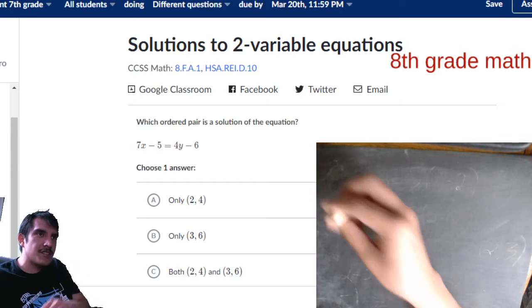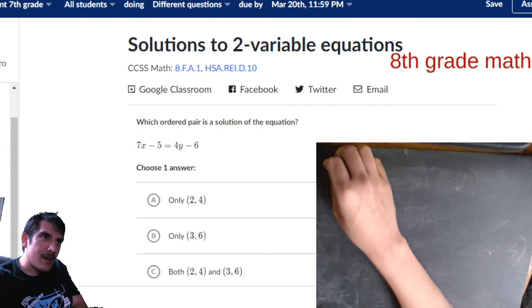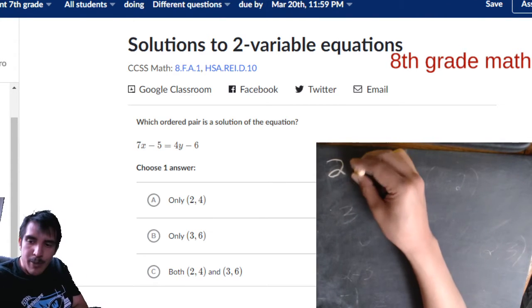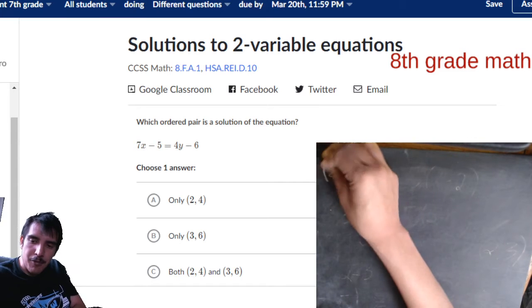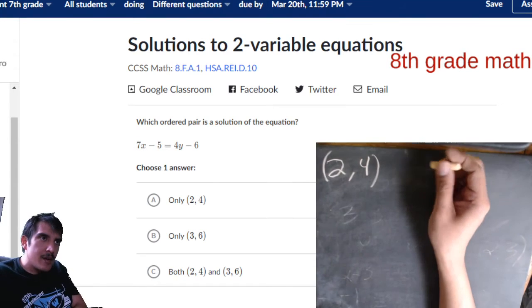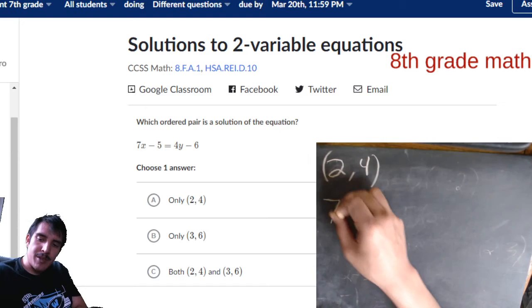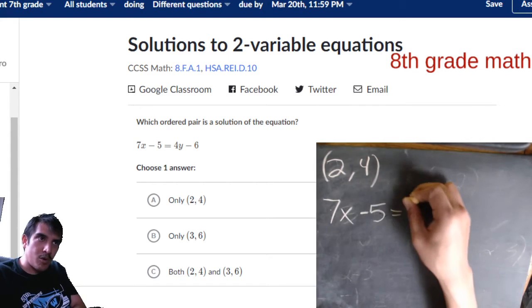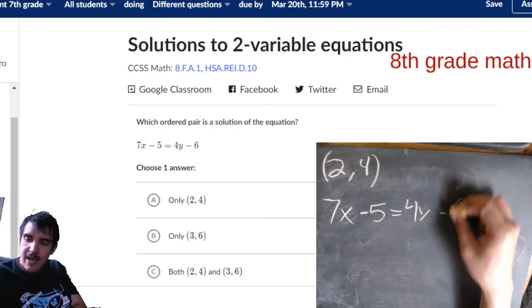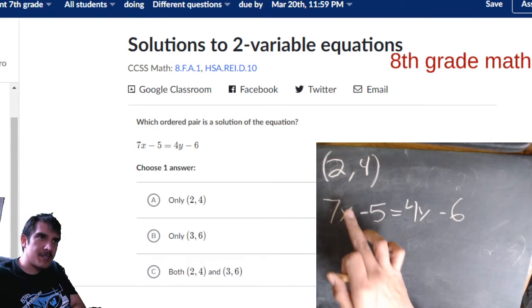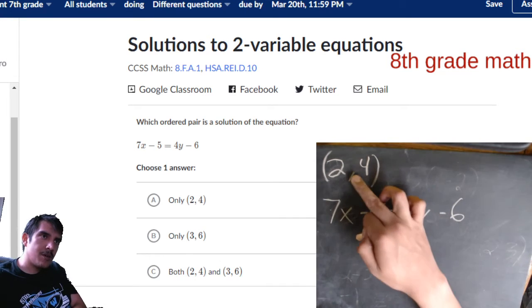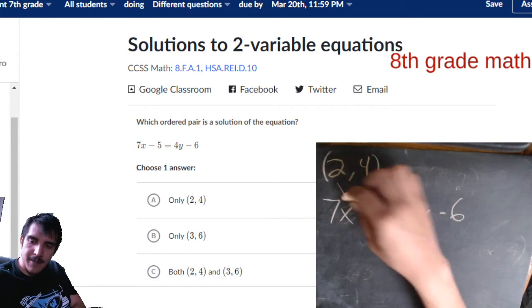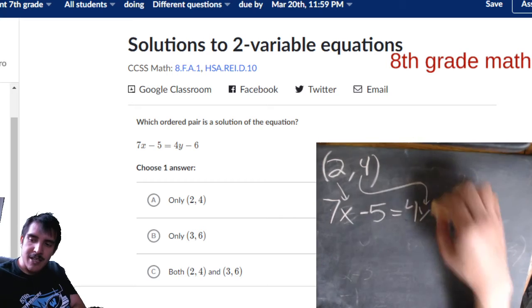Okay? So let's try that again. I'm going to write down the ordered pair first. So the ordered pair is 2 comma 4. We are going to input this into the equation 7x minus 5 equals 4y minus 6. Again, we're not going to put a little dotted line down the middle. We're just going to take these numbers and put them into the equation. So the x value 2 goes into here and the y value goes into here.